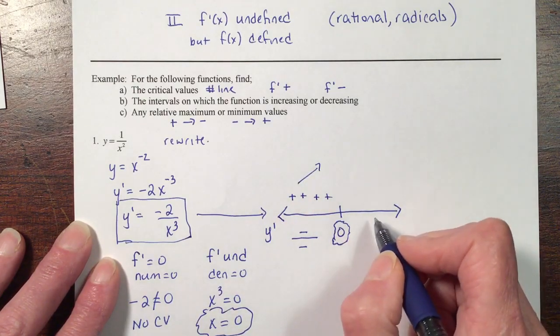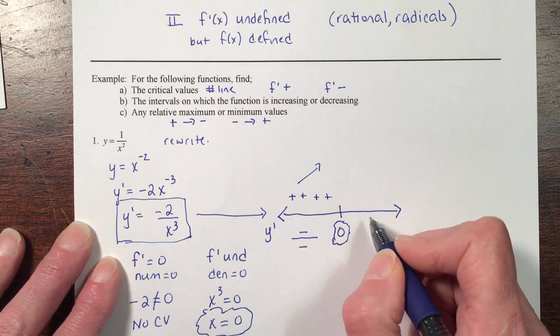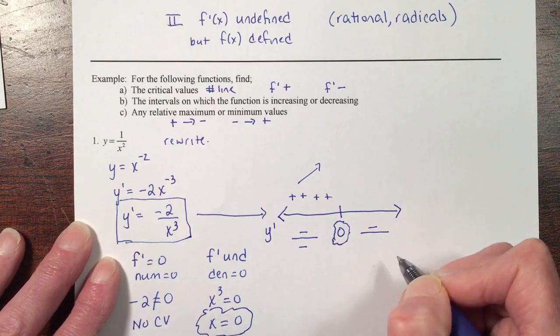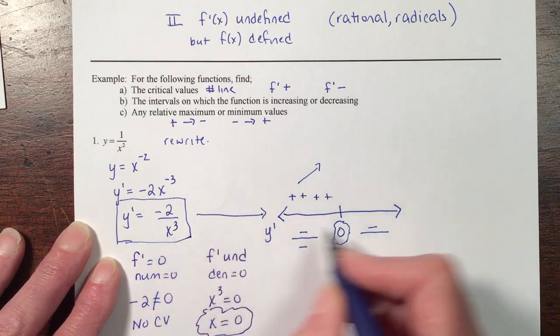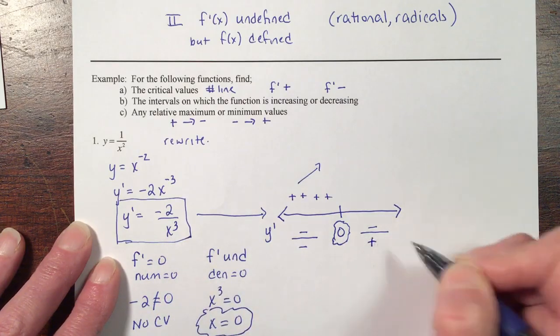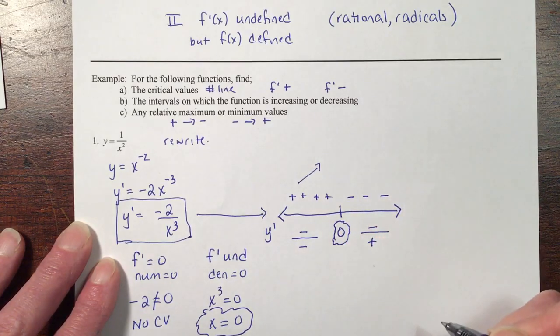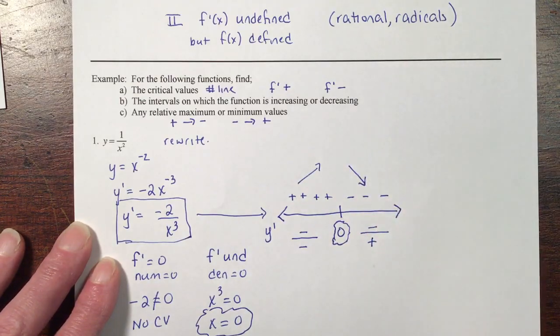If I move over to the other side of 0 and I plug in a number, let's say 1. If I plug that into my derivative, I'm going to have a negative in the numerator. And when I cube a positive value, I get a positive number. This gives me a negative for my derivative value, which means my function is decreasing.